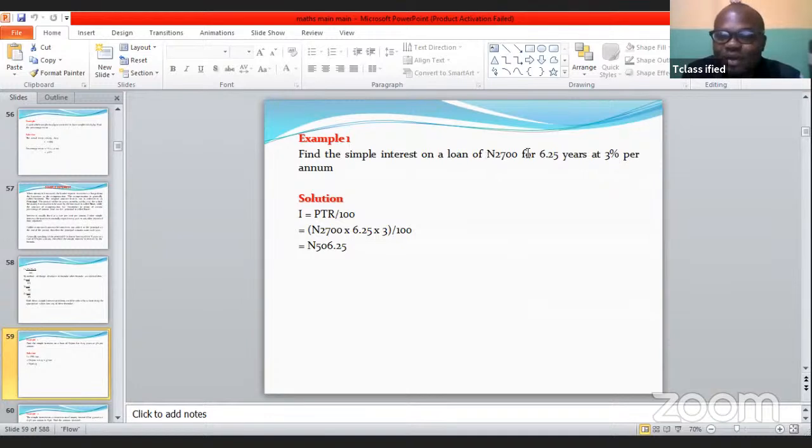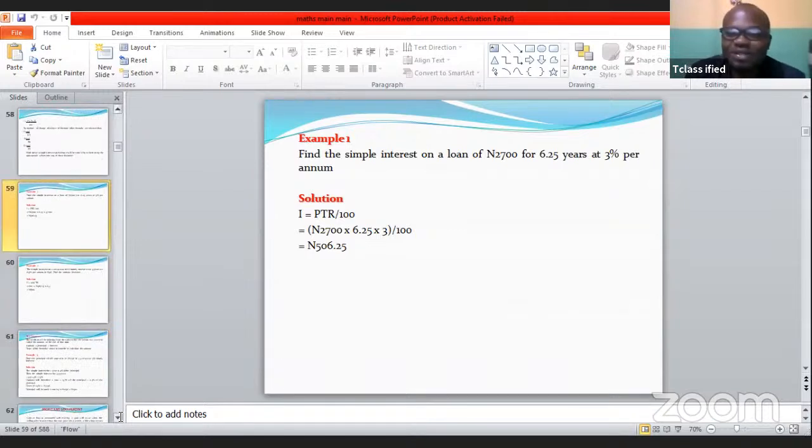So let's say this person borrows this money. After these 6.25 years, he's returning 2,700 plus 506. It will be around 3,000 plus, you understand? So you should know the total amount you are returning.